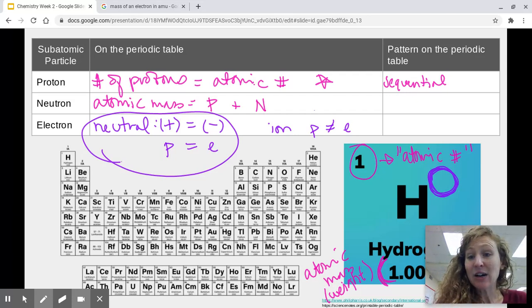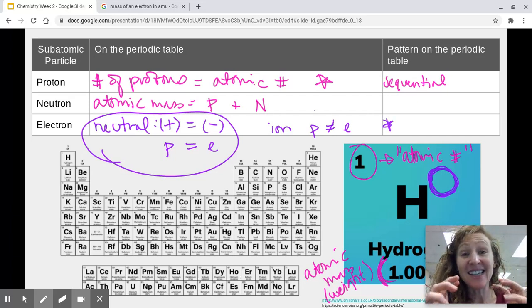Now, is there a pattern on the periodic table for electrons? Yes. We actually spend an entire unit looking at the patterns of electrons on the periodic table because these patterns are what drives bonding. And so we will talk about these patterns coming up real soon.